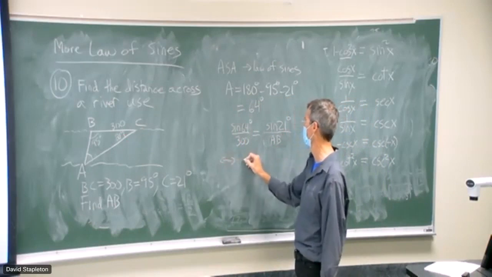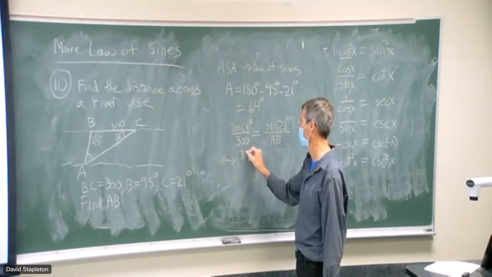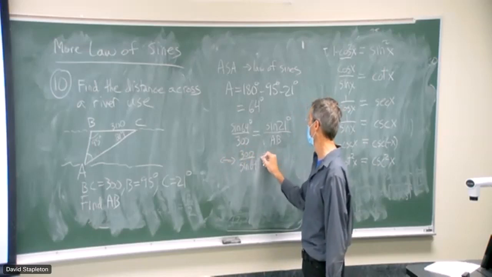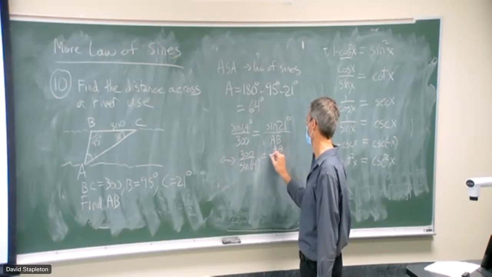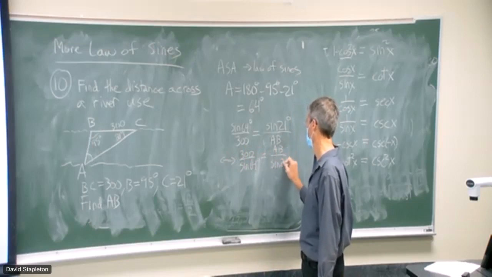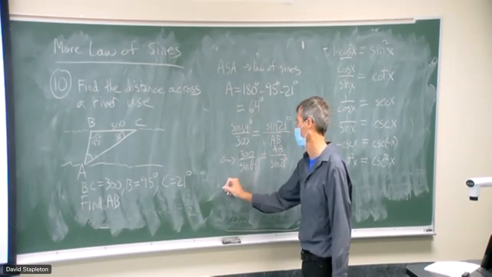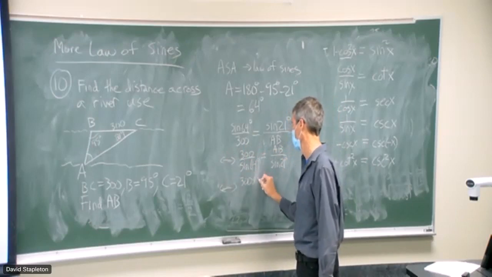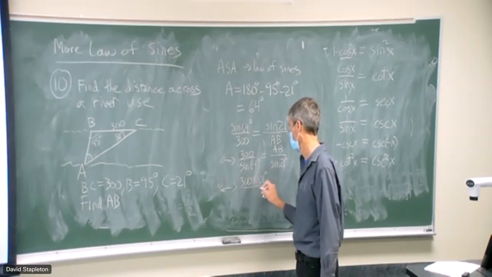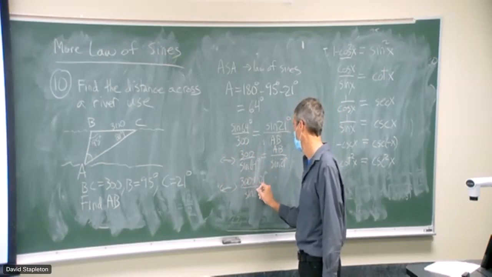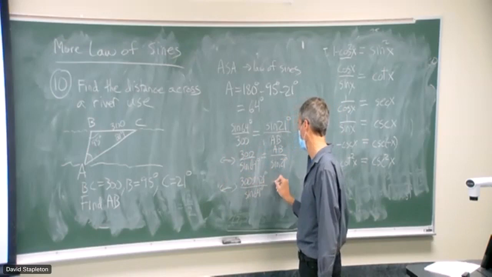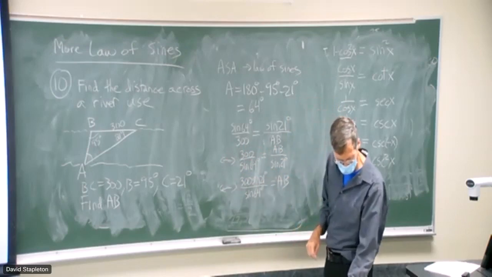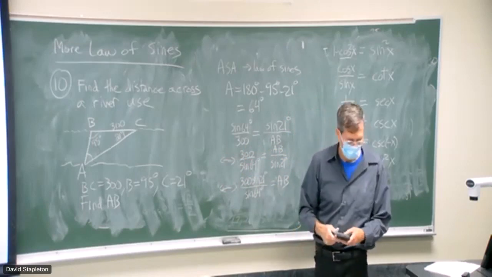Using reciprocals, 300 is to sine 64 as AB is to sine 21. Multiply by sine 21 and you get 300 sine 21, divided by sine 64, is the length of AB, and we just run that on the calculator. I'm going to do this in degrees mode.